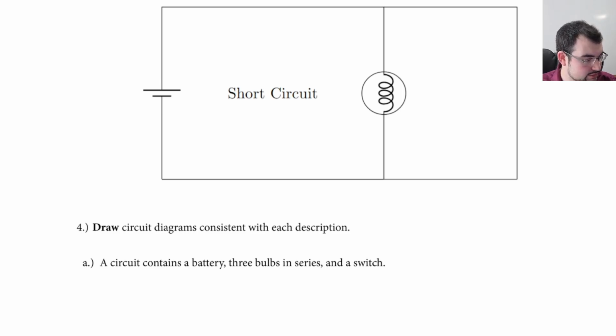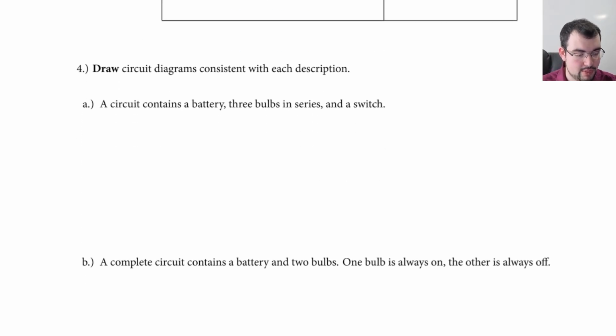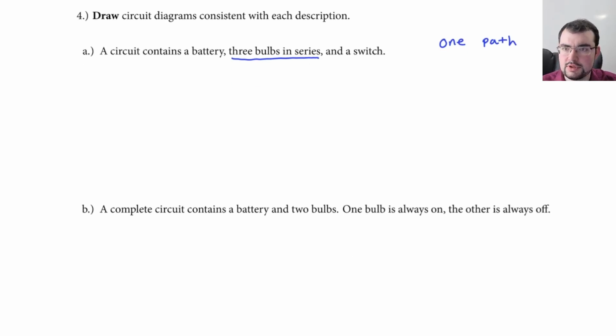So now let's draw some circuit diagrams. A circuit contains a battery, 3 bulbs in series, and a switch. So series means one path. So this means that we have one path for current. So if we want to use another analogy instead of a drive-through, we can also interpret this as traffic.